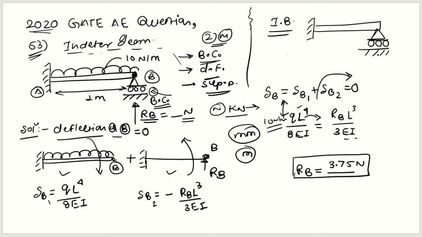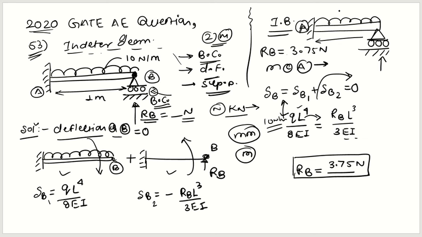They will give the reaction at point B as 3.75 Newton, and ask you to calculate the moment at point A. In that case you know the reaction 3.75 into this distance, minus this UDL converted into a point load, multiplied by this perpendicular distance, which is 0.5.